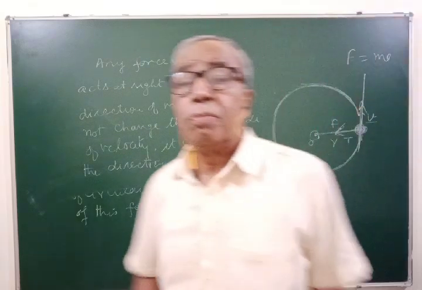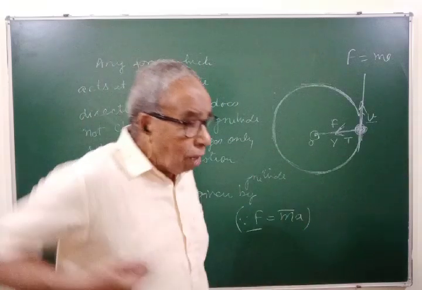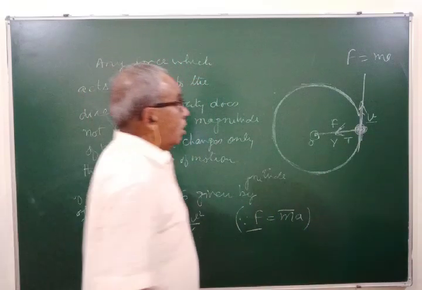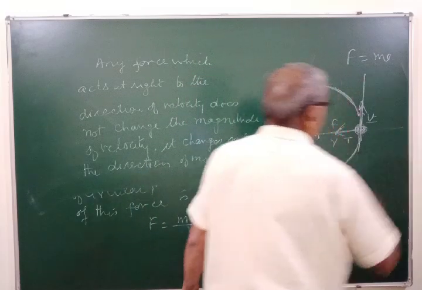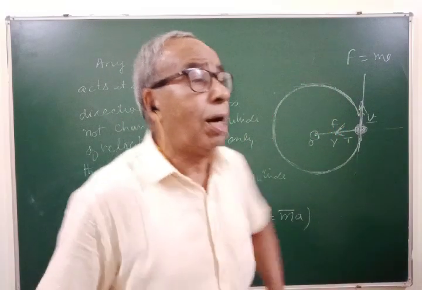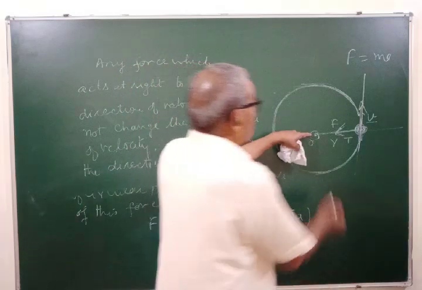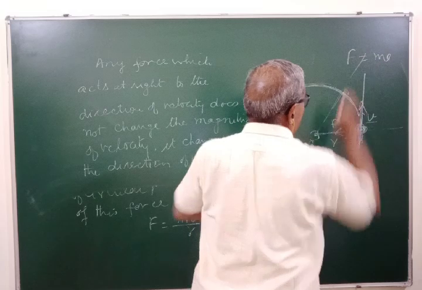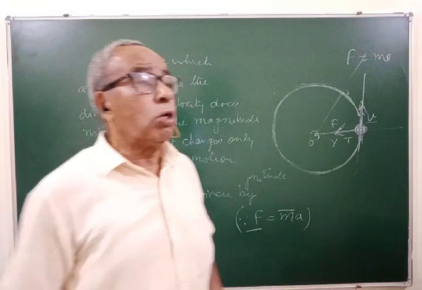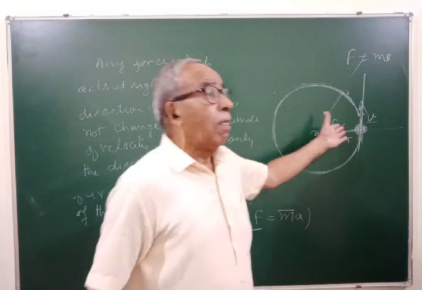Tension is produced because we are pulling it also. Otherwise, it will go along the tangent. It does not go this way. People have the illusion that it goes outward. Actually, why does it seem to go outward? While the body is here, we feel that it went here. So the body goes tangentially if there is no force.